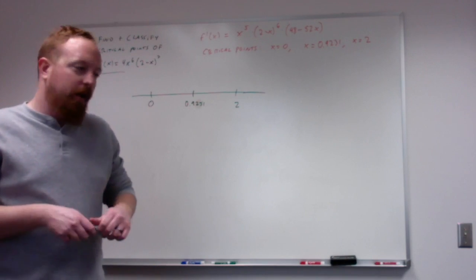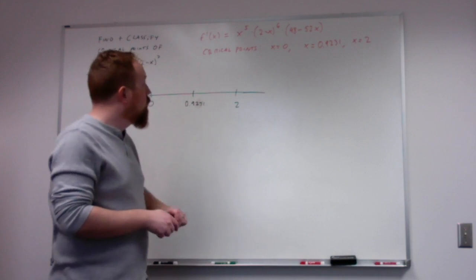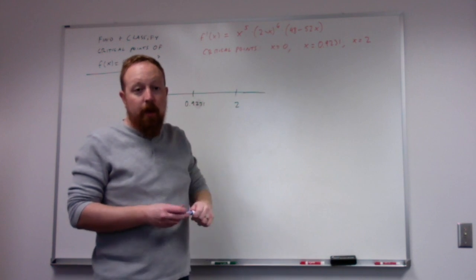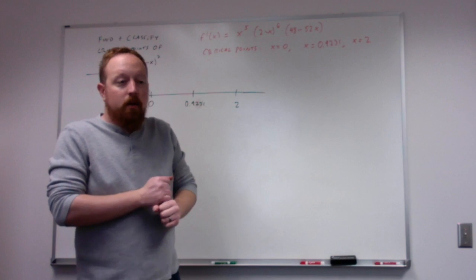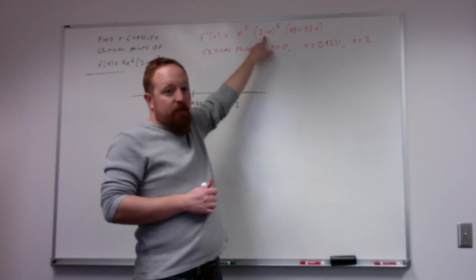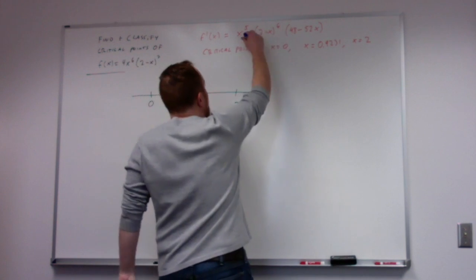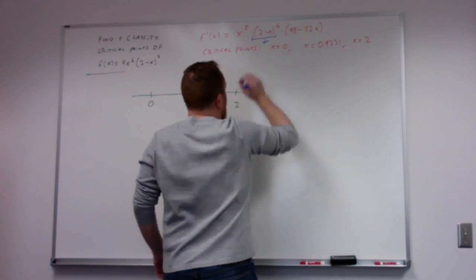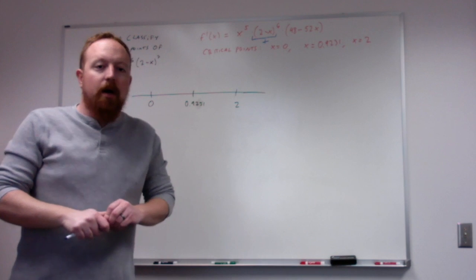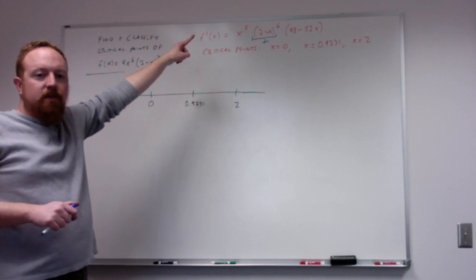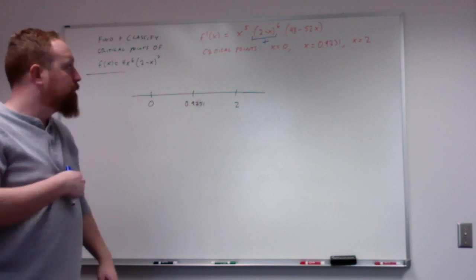One thing that I'm going to point out is, first of all, that this factor, since it's to the 6th power, is always going to be positive no matter what we plug into it. No matter what this thing inside the 6th power is, once we raise it to the 6th power, we get a positive answer out. So I'm just going to mark this part as always being positive. So now, let's take some number less than 0 and plug it into our derivative and see if we get a positive thing or a negative thing.